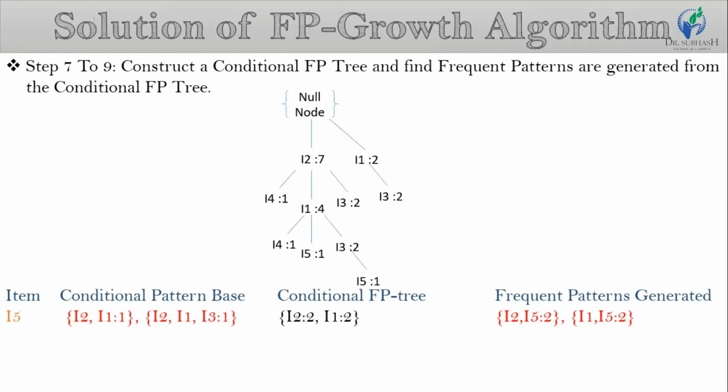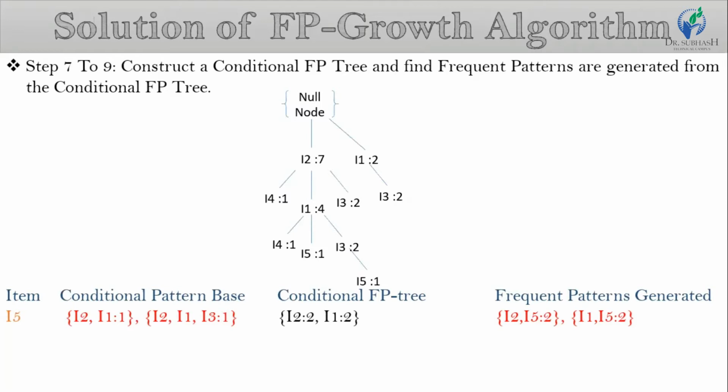I5 occurs in two branches of the FP tree. As you can see in the figure, the occurrences of I5 can easily be found by following the chain of node links. The paths formed by these branches are I2, I1, I5, and their count is 1, and I2, I1, I3, I5, and their count is 1.